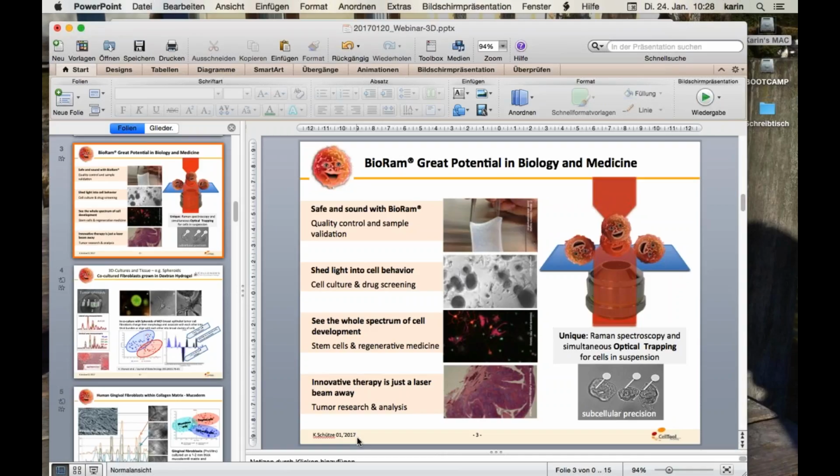We have tested at least 100 different kinds of cell cultures and so on, and in most of the cases we get some information. We have to take care, however, that the substrate is biocompatible, or let's say Raman compatible, because some of the scaffolds that usually are used may hinder this. So this would be one of the difficulties or challenges that we need to face.